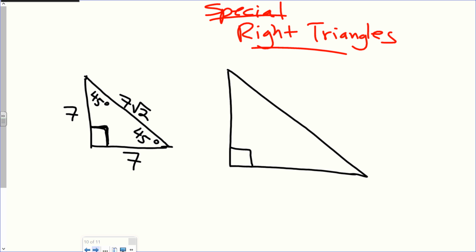That's where we're going to get to. Hang tight. Stay with me. So the legs on the smaller one were Mrs. Bass's favorite number. I'm going to increase it to, let's say, 10. I'm going to write 10 here. That means this is going to be 10. What will the hypotenuse then be? 10 rad 2. You guys start seeing this. Look at this. This is 45 degrees. This is 45 degrees.